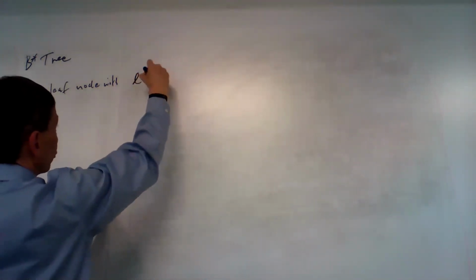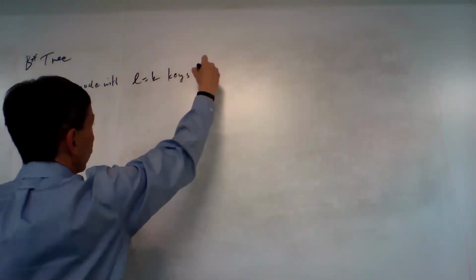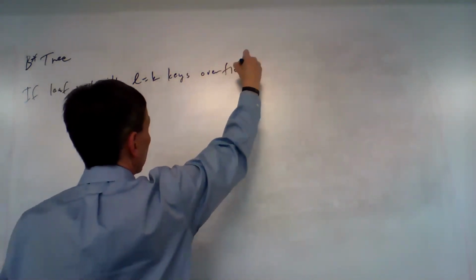So, if a leaf node with L equals K keys overflows, and that would be an overflow, right? Because remember you have space for only K minus 1 keys, so if you've got K keys, you've overflowed by 1.